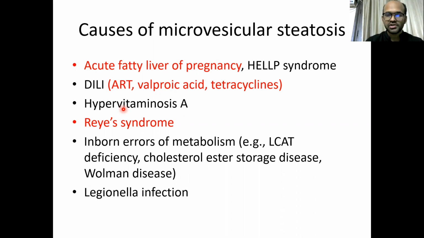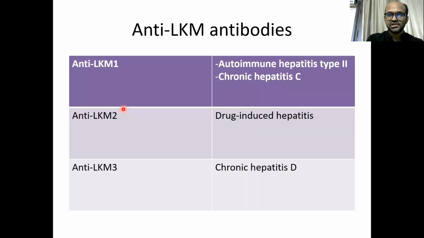In hypervitaminosis A, vitamin A toxicity, you have microvesicular steatosis, as well as in Reye's syndrome and Legionella infection. We have so many conditions which can lead to macrovesicular steatosis, but very few which can lead to microvesicular steatosis. So acute fatty liver of pregnancy, drug-induced liver injury, Reye's syndrome, and Legionella are the 4 important conditions to remember.